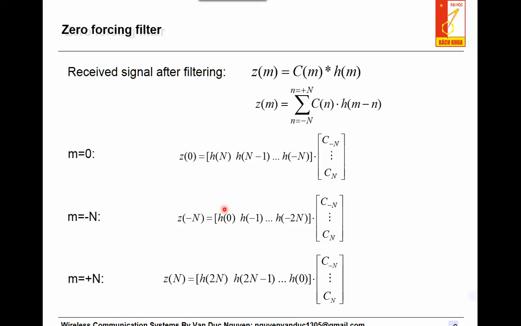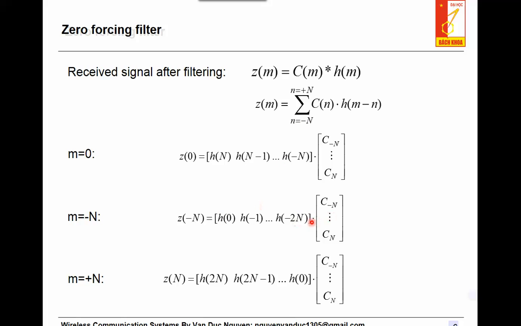In the case that we observe for m equal to minus N capital, and here we observe for n from plus N to minus N, we have this equation.